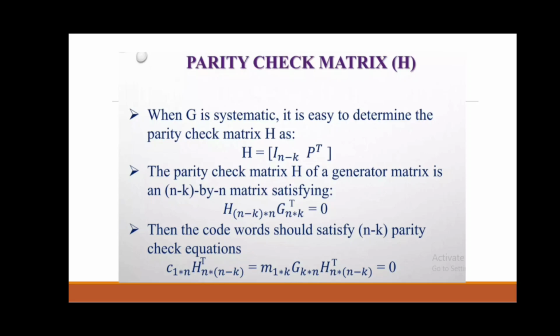Some properties of H and G are discussed in the next points. If we multiply H and G transpose, we will get 0. Or you can say, if you multiply a valid code word into H transpose, we will also get 0.